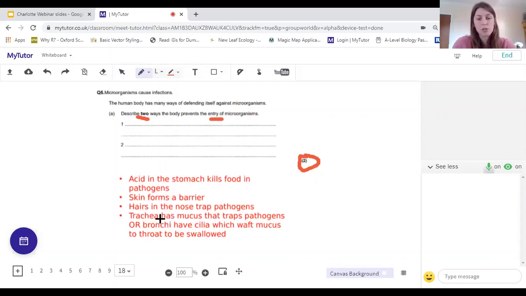And then we talked about how the trachea has mucus and also little hairs that trap pathogens, and then the cilia waft the mucus to the throat to be swallowed. Because those are connected, you have to either say both, or you could have one or the other, but you couldn't have them as two separate points. So you need to talk about what happens in the trachea and bronchi and what happens somewhere else as well. You could talk about tears there as well.